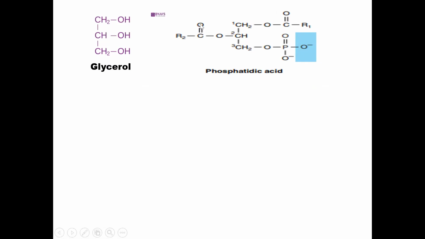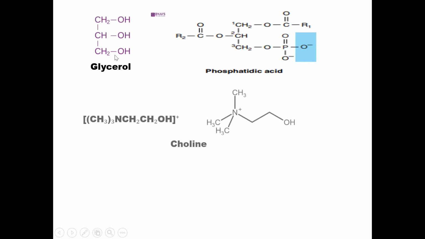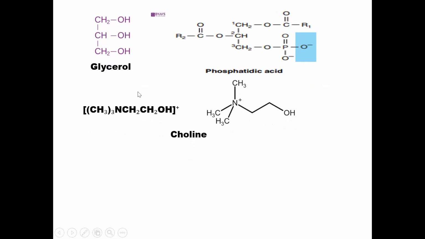The second carbon is esterified with another fatty acid with an ester linkage. And the third carbon of the glycerol is attached to phosphoric acid in phosphodiester linkage. So this structure is also important because we are going to be talking about different types of phospholipids, and this choline is another substituent group that comes and attaches itself to the phosphoric acid group at this point.